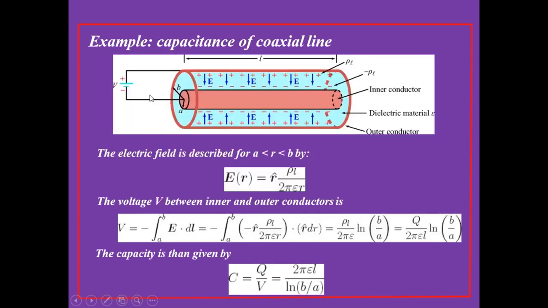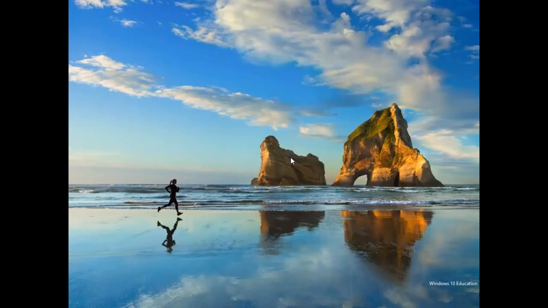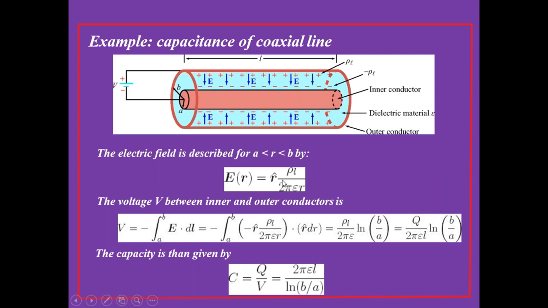An example: capacitance of a coaxial line. You can see here the coaxial line, and we have the inner conductor, the dielectric material, and the outer conductor. Now the electric field is described for a less than r less than b, and is given by this formula here.